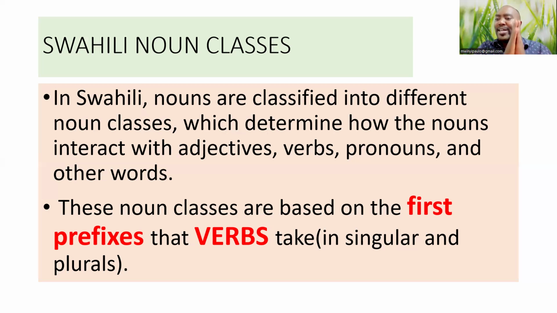So I humbly request, in as much as you can do your own research on other ways of categorizing the Swahili noun classes, kindly for now stick to this method that I'm going to guide you through, and you'll bear me witness. It will be the most convenient. Once you've mastered this, you can get a word, and within a fraction of a second, you've constructed a correct sentence in Swahili grammar.